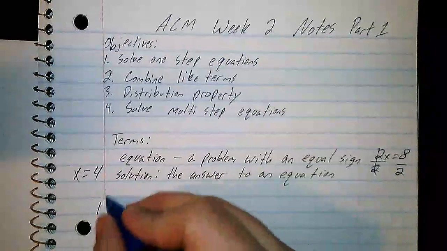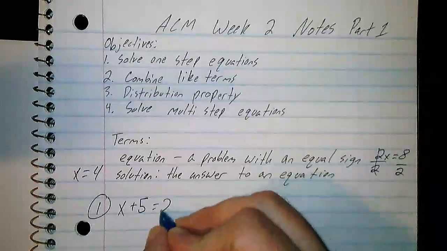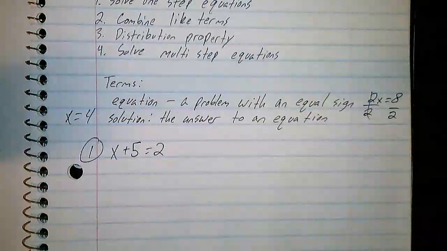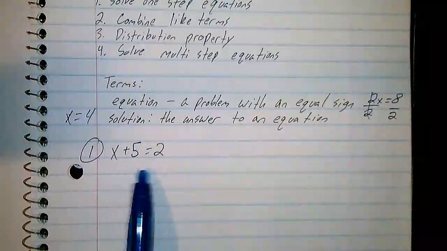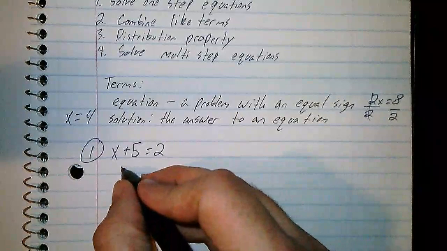So, some one-step equations. We want to solve for x. Right now, it's x plus 5 equals 2. So to get rid of plus 5, we do the opposite.